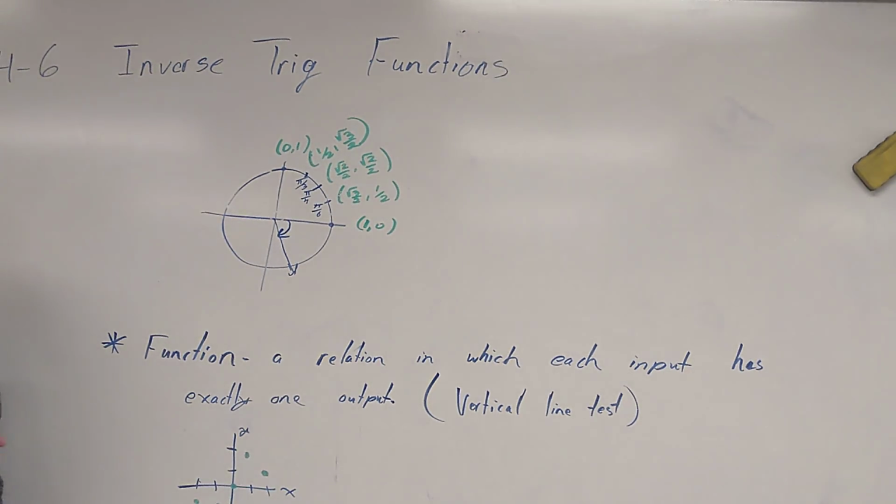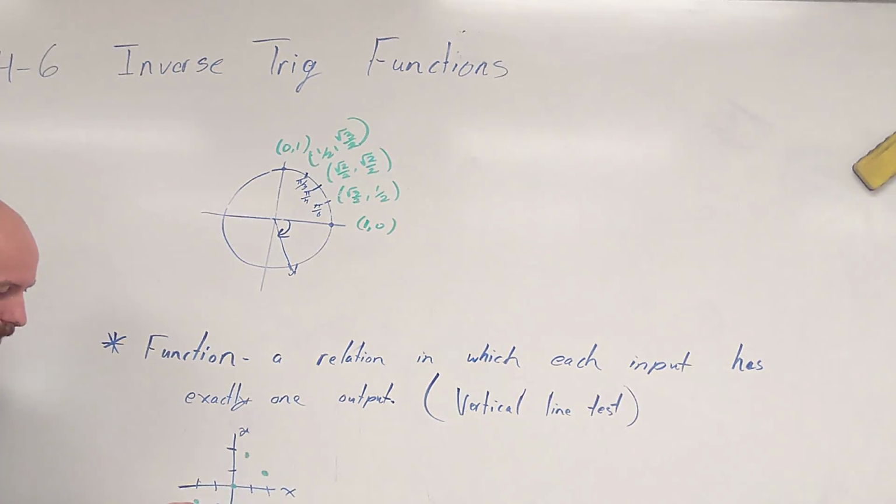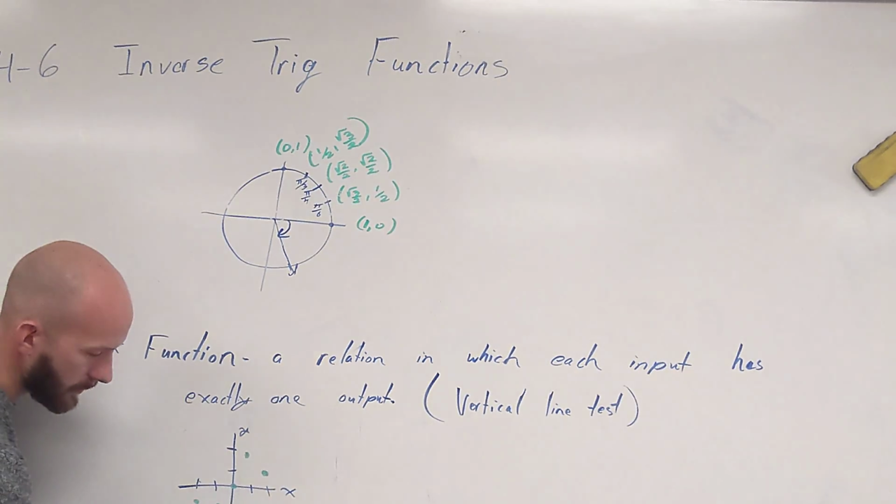We don't really have to understand the pattern or what type of relationship this is, but each input, each x value only has one corresponding y value, right? Okay. The vertical line test is just kind of a visual way to look at that. If I take a vertical line and pass through, it's only going to touch one point at a time, okay? So this would be a function.